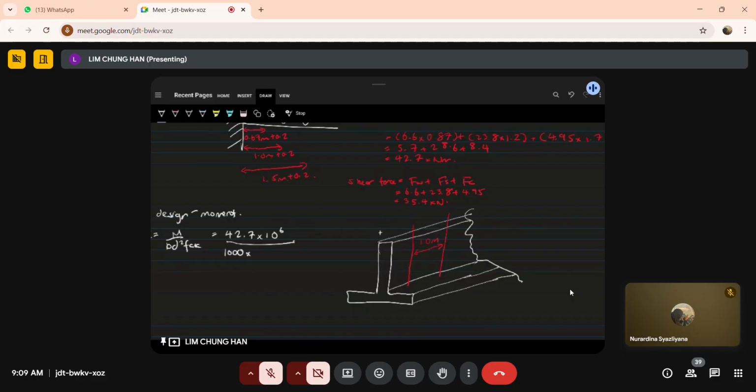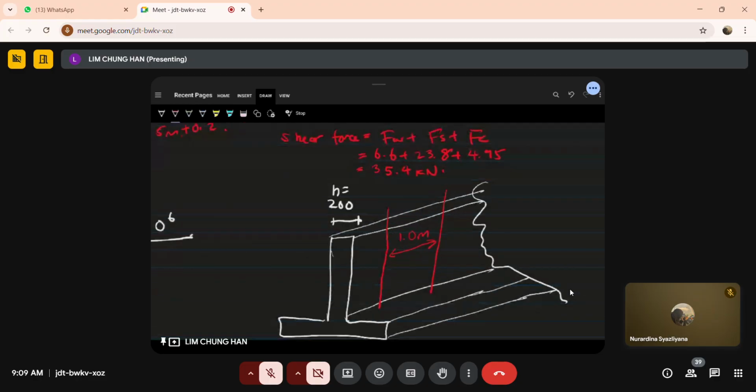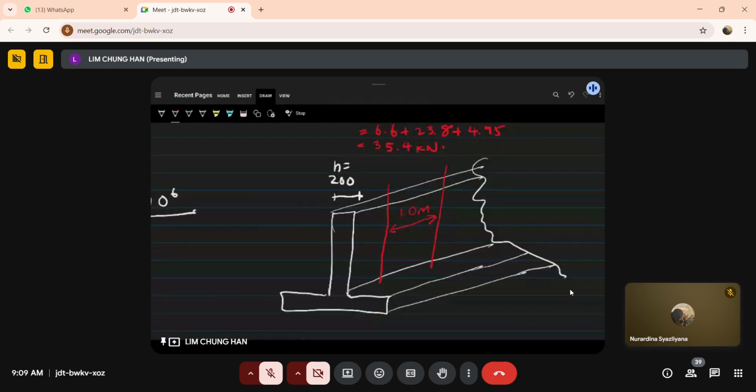I told you just now the thickness of the wall is 200, but that is the H. You obviously will have reinforcement, so it's going to bend this way. So reinforcement is going to be here, and you need cover.